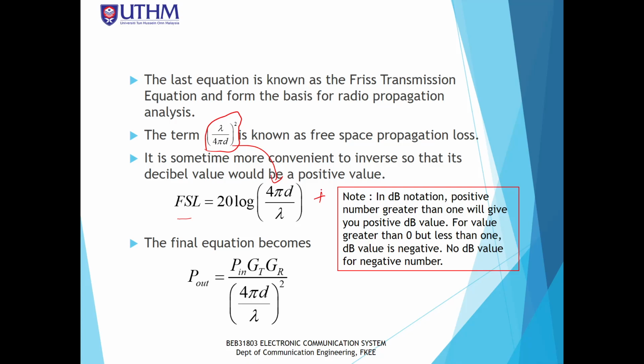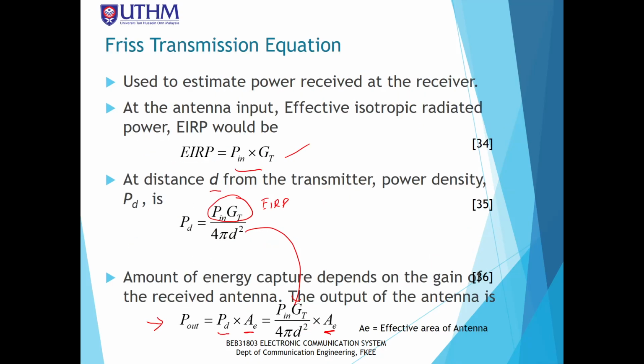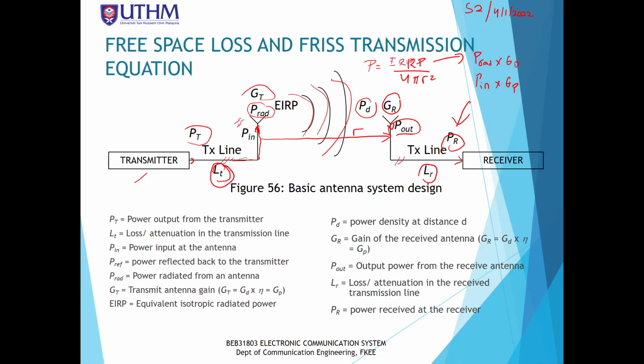We can rearrange the final equation to be: P out is equal to P in multiplied by GT multiplied by GR. This is if we only consider the free space loss in the medium. If there are more losses, for example LT and LR, where should we put them?